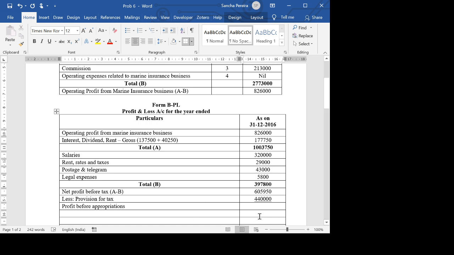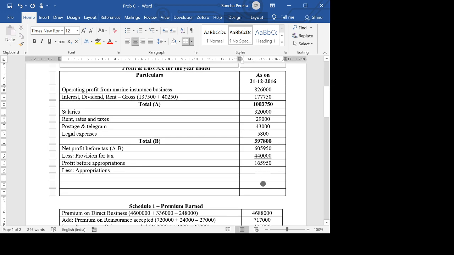Then this will give us profit before appropriations, which will be 6,05,950 minus 4,40,000, which is 1,65,950. Okay. Now we don't have any appropriations, but I'll just write it since it's part of the format. There are no appropriations, so we get the same amount, 1,65,950. We call this net profit for the year.